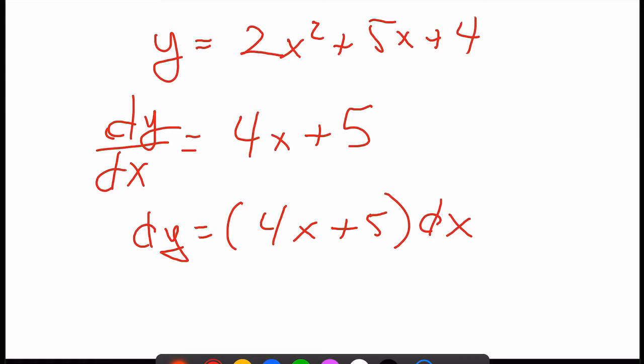And you're saying, well, why do we want to do that? Well, what this explicitly is telling us is that a change in x creates a change in y, and this is the value of how it does that.